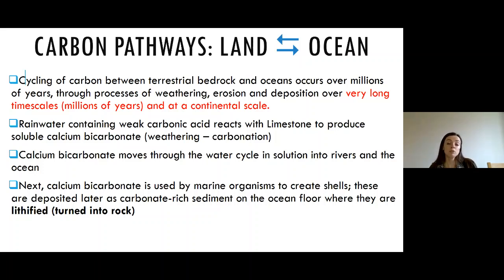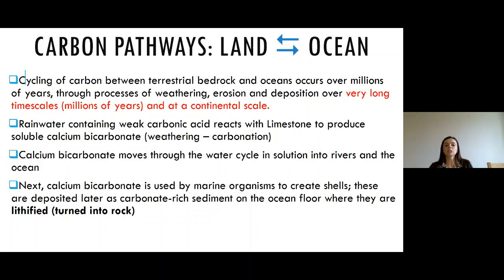Calcium bicarbonate moves through the water cycle in solution into rivers and the ocean. Next, calcium bicarbonate is used by marine organisms to create their shells. These are deposited later as carbonate-rich sediment on the ocean floor where they are lithified. They are turned into sedimentary rock.